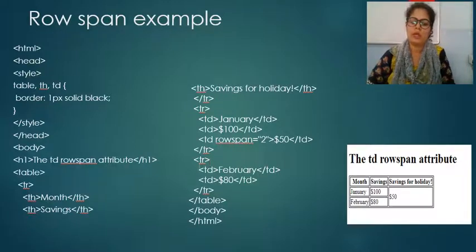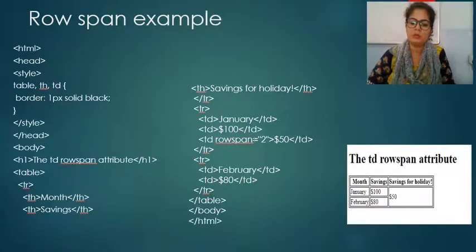Now the third row, let's start with the third row. This TR is for the third row. The first cell is Feb, TD close, next TD 80. That's why there is a second cell with data 80, and then TD close, TR close. In the third row, we don't have to create a third cell because we have already merged it in the previous row.